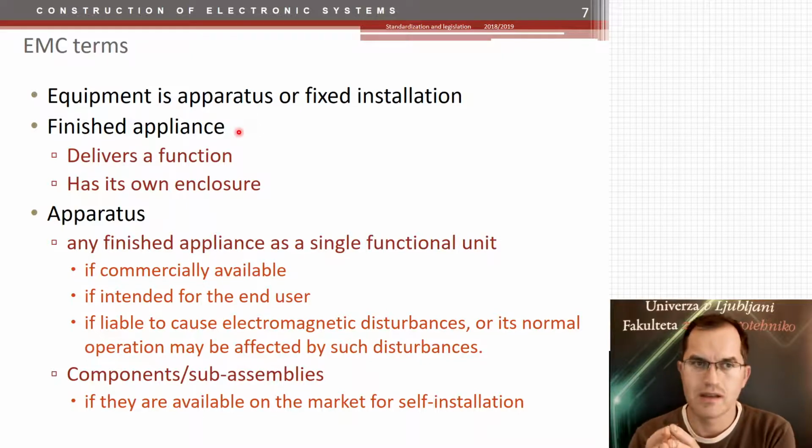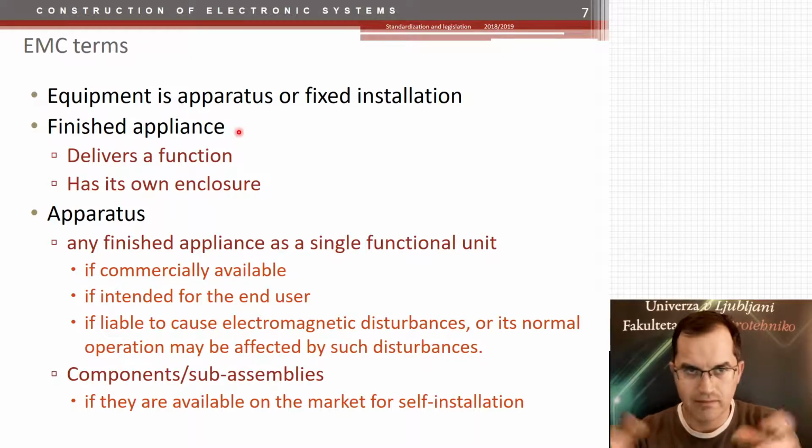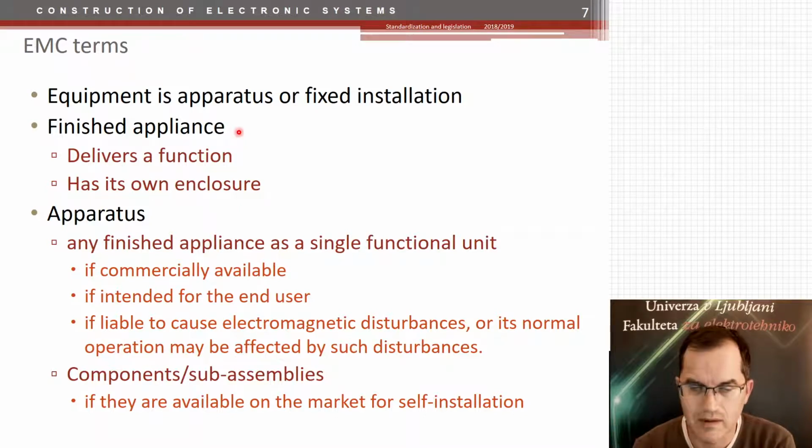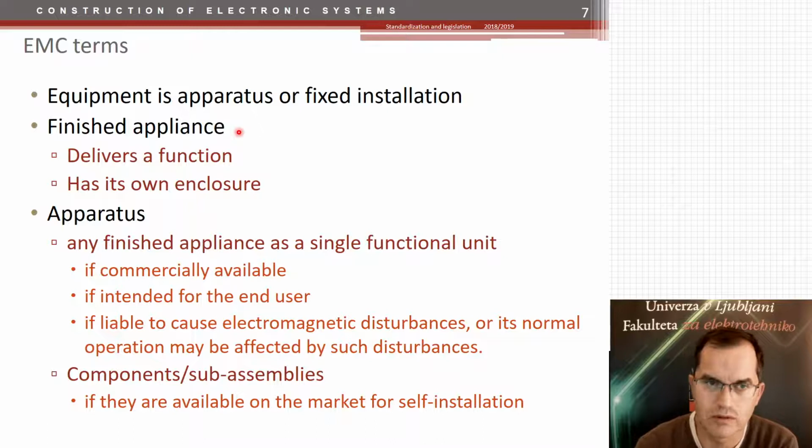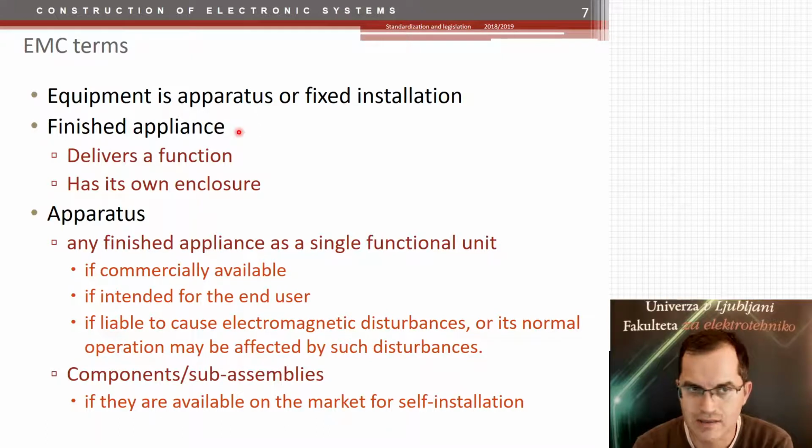So it is an electrical apparatus, tool, device or machine that has a certain function and has an enclosure. A microcontroller doesn't have an enclosure, but it delivers a function, so it's not a finished appliance.